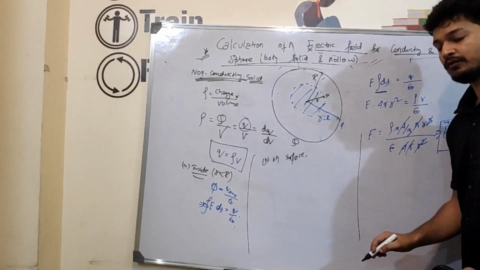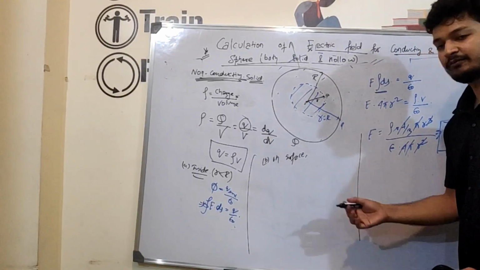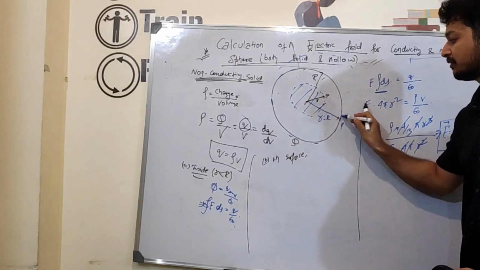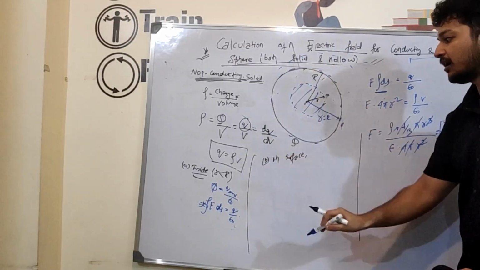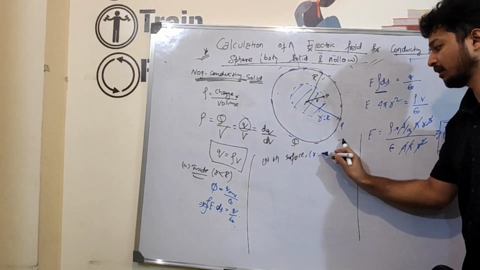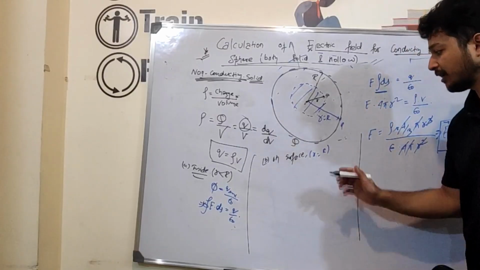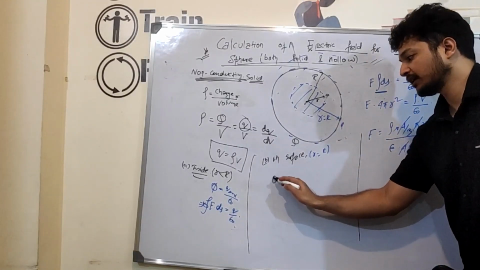Again, we are going to apply the same principles: we are going to have a Gaussian surface having the radius small r, which will be equal to capital R. And again, we are going to calculate the value of flux.